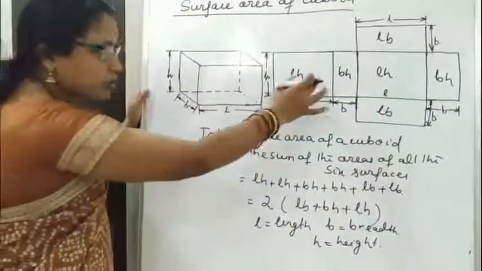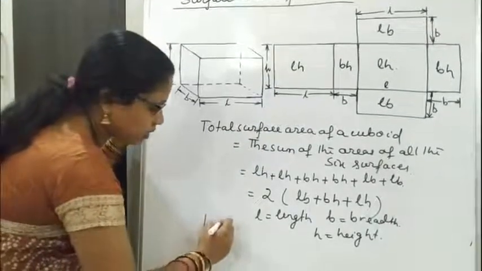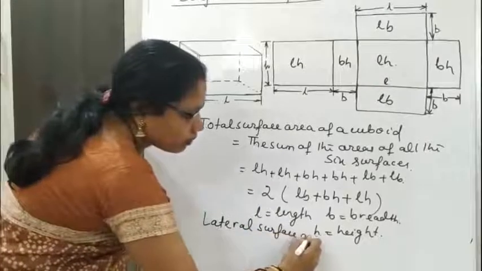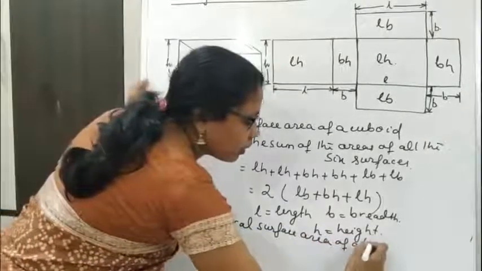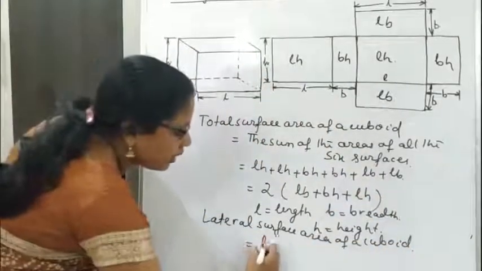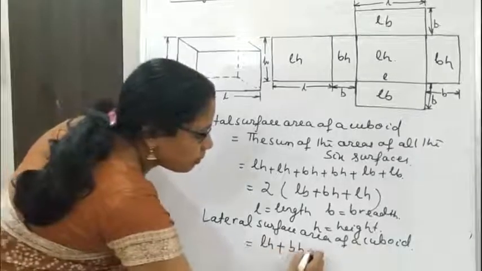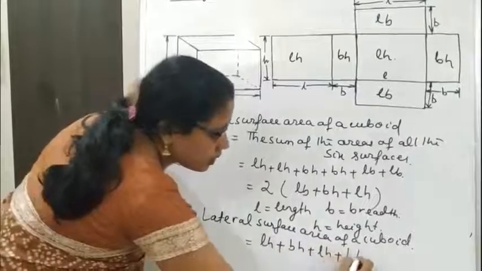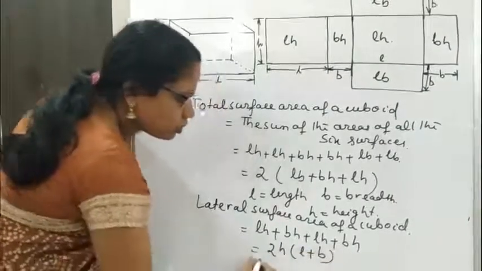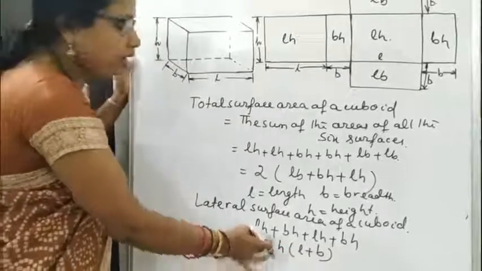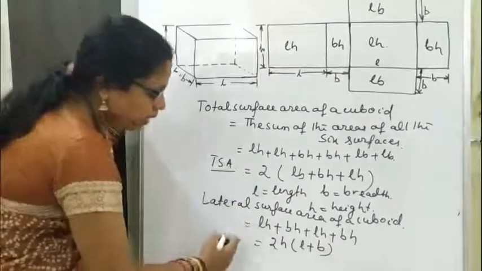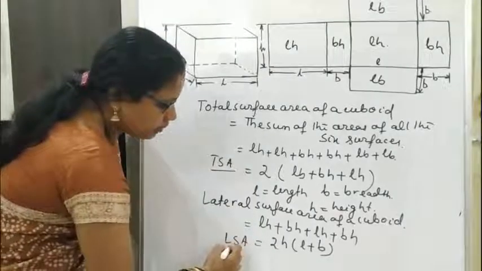So from this figure, the lateral surface area of a cuboid is equal to the area of the 4 walls, that is LH plus BH plus LH plus BH. This is equal to 2H into (L plus B). So this is the lateral surface area of a cuboid, and the other is the total surface area of a cuboid.